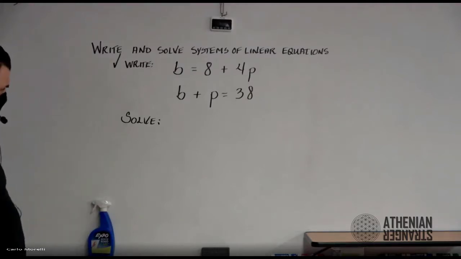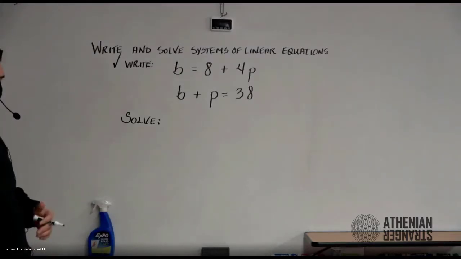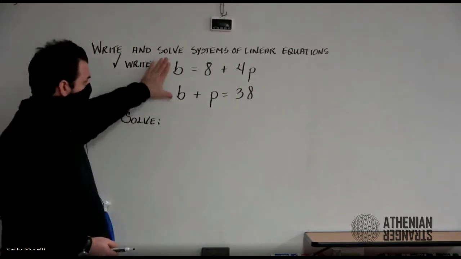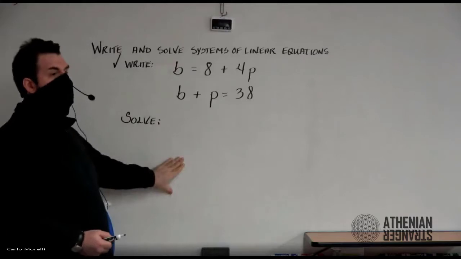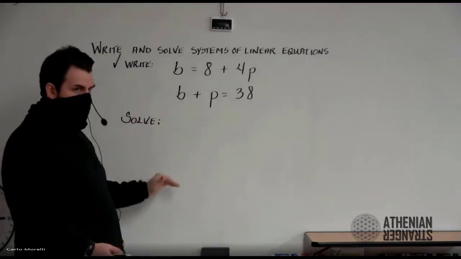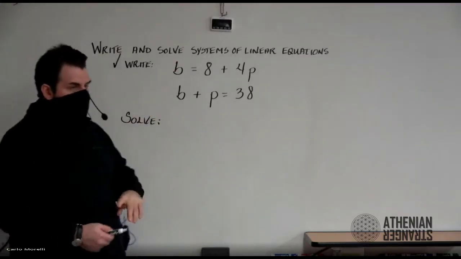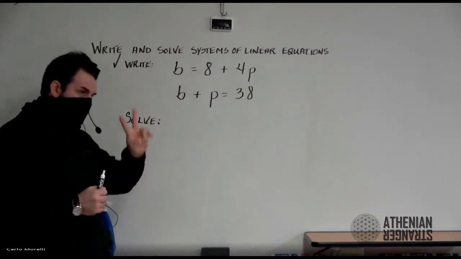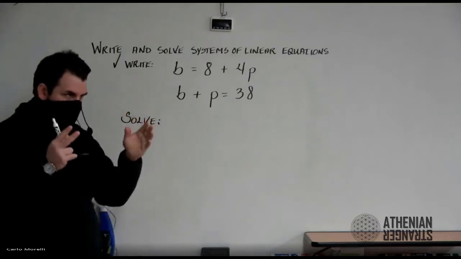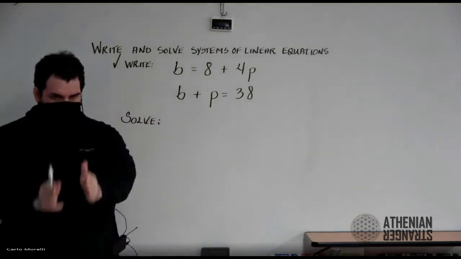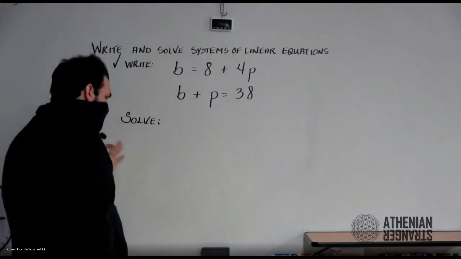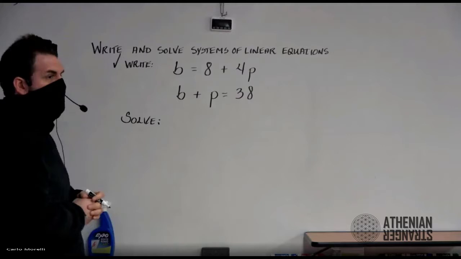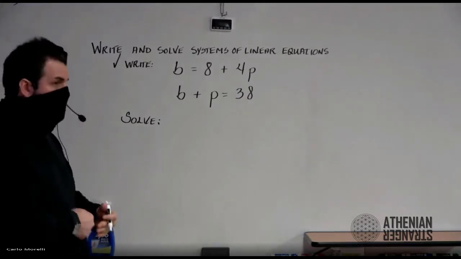If you're asked on a standardized test to solve a system of linear equations, you'll be given the system and then asked to do this step. They won't ask you to do both, because a state test will not ask you to do two skills in one problem. They'll typically try to test one skill at a time.